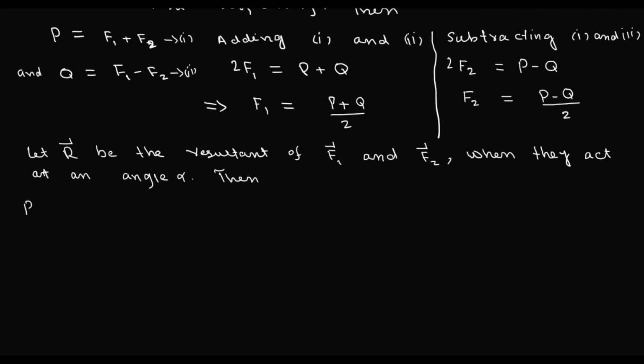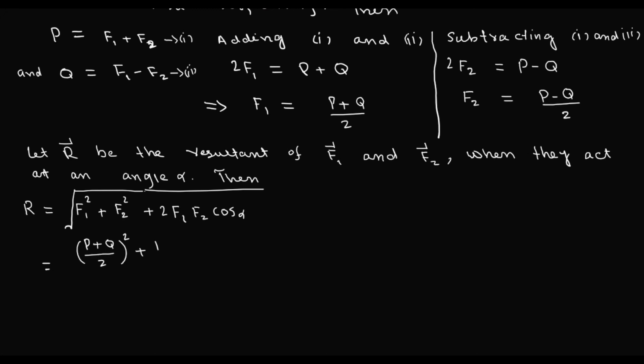That magnitude of resultant is R is equal to the square root of F1 square plus F2 square plus 2 F1 F2 cos alpha. So R is equal to the square root of: F1 is (P plus Q) divided by 2, squared, plus F2 is (P minus Q) divided by 2, squared, plus 2 times F1, which is (P plus Q) divided by 2, times F2, which is (P minus Q) divided by 2, and cosine of the angle between them.